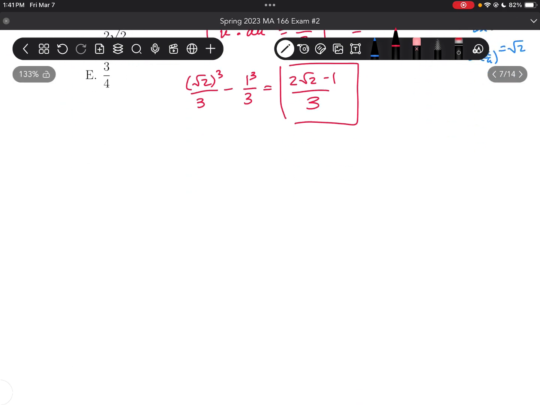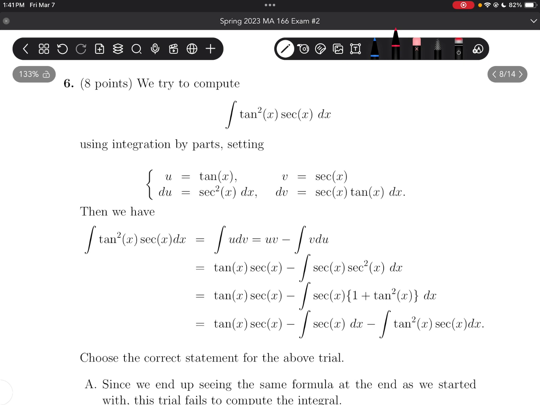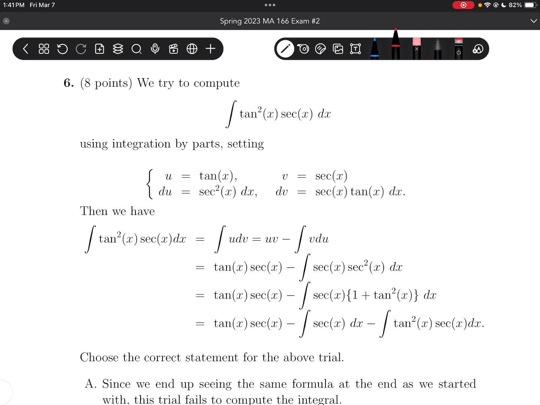Okay, moving on to question 6. Question 6 says we try to compute the integral of tangent squared x times secant x dx using integration by parts, setting u equal to tangent x and v equal to secant x.